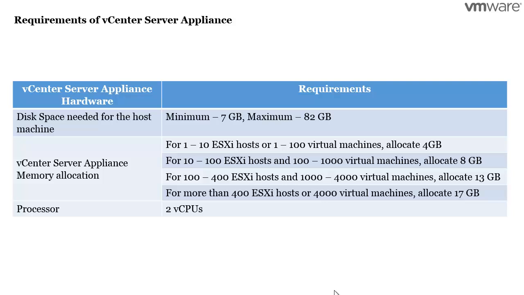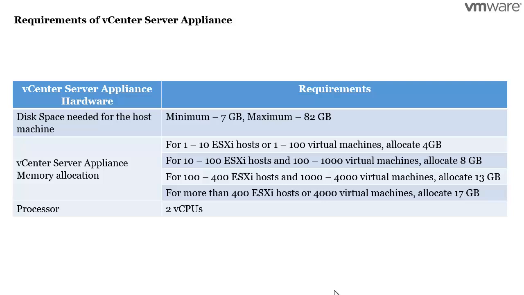For 10 to 100 ESXi hosts and 100 to 1000 virtual machines, you need to have 8 GB of memory. For 100 to 400 ESXi hosts and for 1000 to 4000 virtual machines, you need to have 13 GB of memory. If you're planning to run more than 400 ESXi hosts or 4000 virtual machines, you need to have 17 GB of memory.